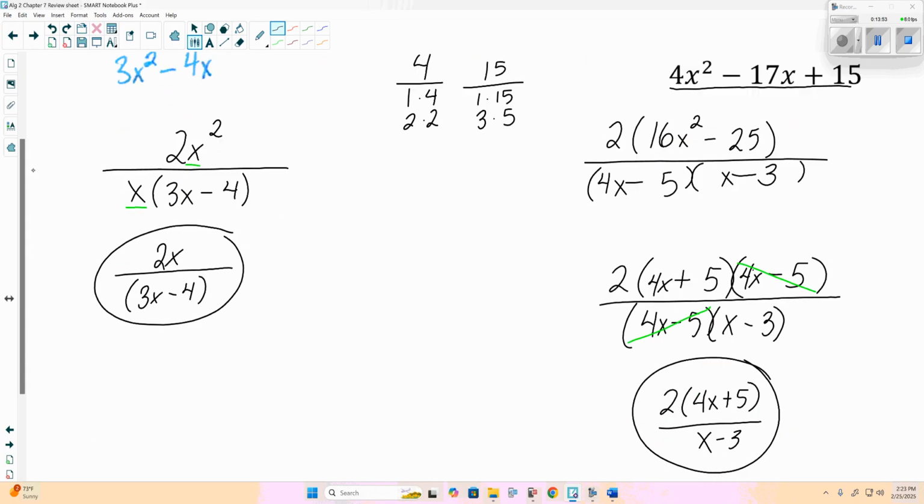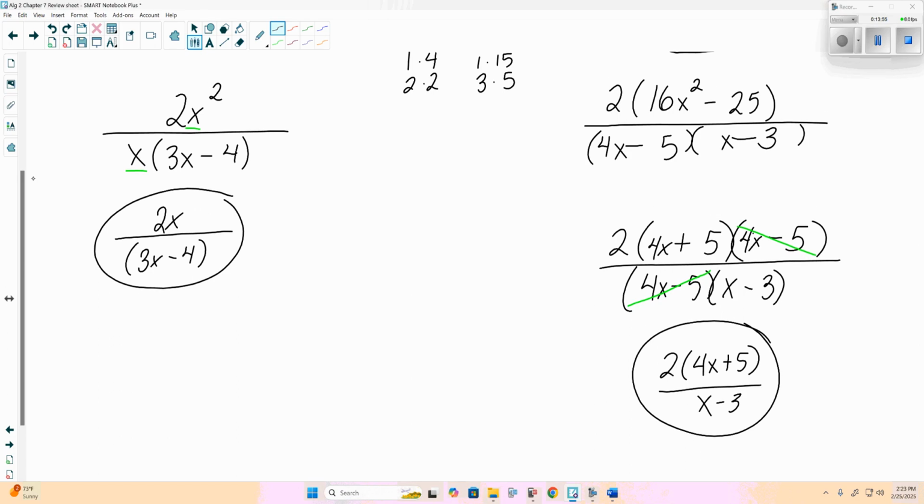I'm going to go back to the previous one. Because even this here, 2x squared, I could set on top x times 2x. Because when we multiply x times 2x, we get 2x squared.